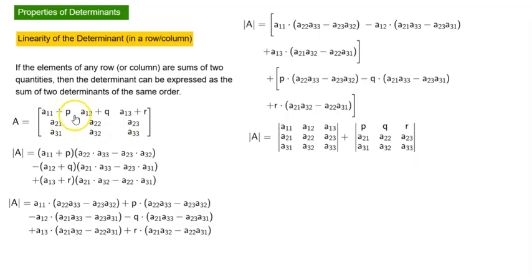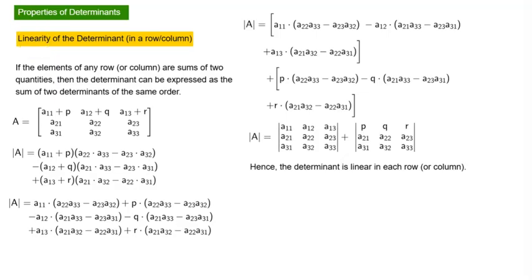So, if in a row we have a sum of quantities, then we can evaluate the determinant by taking the determinants separately and adding them. Hence, the determinant is linear in each row or column.